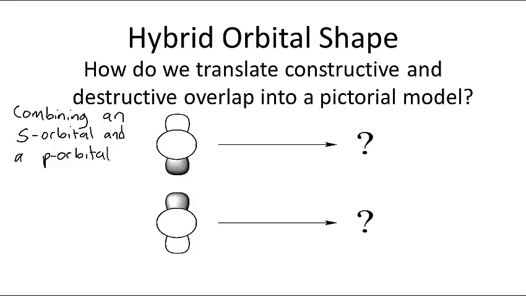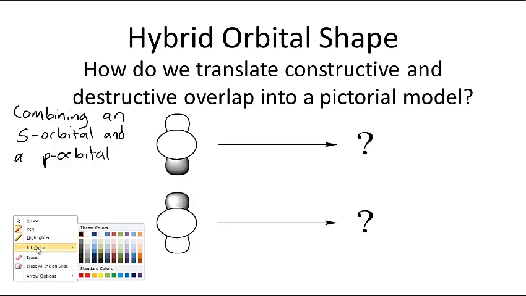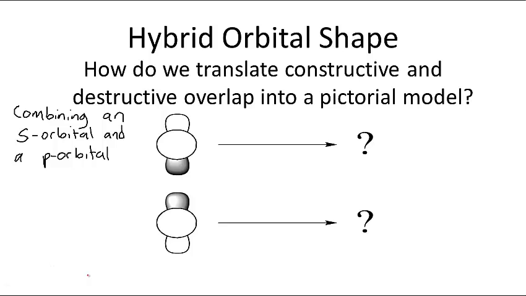So remember that shading represents whether the wave function has a positive or a negative value. And remember that the p orbital has a line right down the middle that we call a node, which is where it changes from being positive to negative. So my node in the p orbital runs right down the middle.